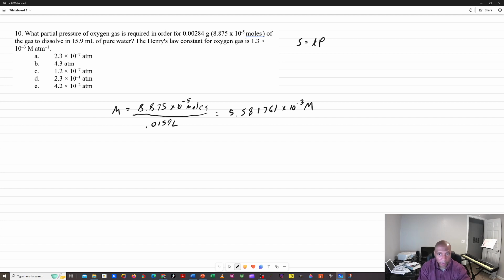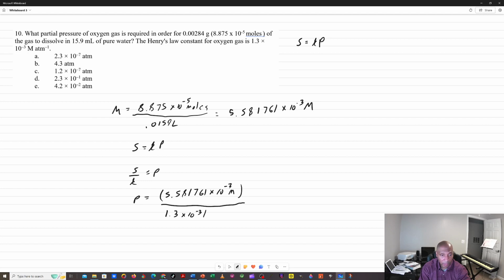Okay, moles per liter. So of course, I'll go ahead and do my algebraic manipulation now. Before I plug numbers in, S is equal to KP, divide both sides by K. I'm going to have S divided by K is equal to P. So P is going to be S, which is 5.581761 times 10 to the negative 3 moles per liter, divided by K, which is 1.3 times 10 to the negative 3 moles per liter per atmosphere.